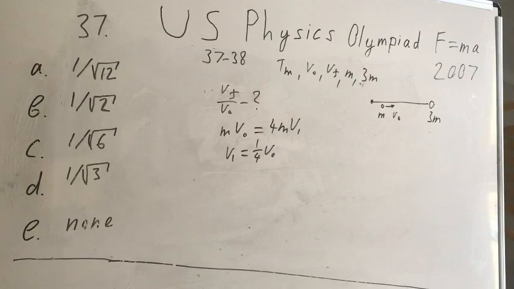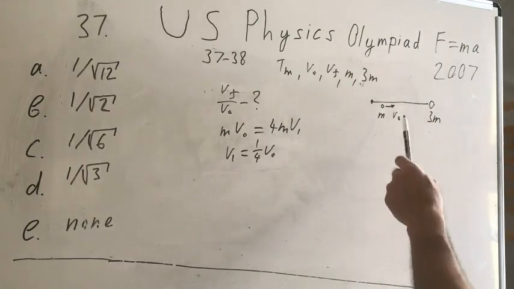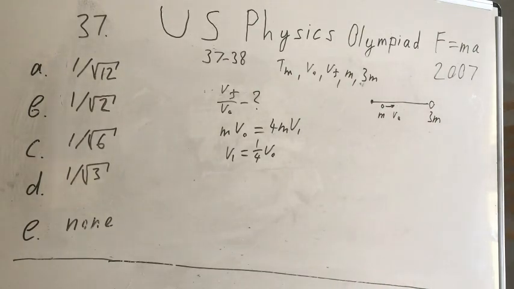After that we can count what is total kinetic energy after this collision, and all this energy will go to a potential energy for this cord before it will break.